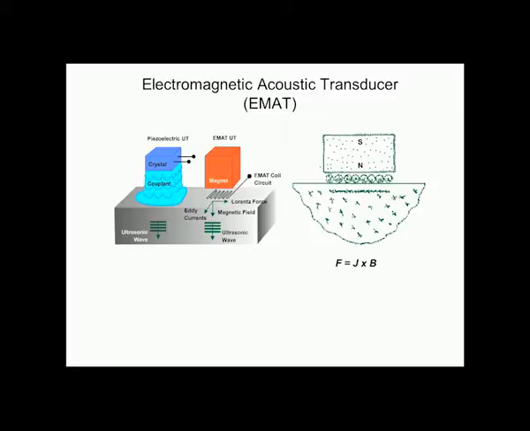So, as you could see, when you have a normal piezoelectric ultrasonic transducer, you need to use this couplant to avoid that air gap, and in this case you do not really have to make contact between the transducer and the sample, because the ultrasonic waves are generated through electromagnetic induction, and that is why this kind of probe is known as an electromagnetic acoustic transducer.